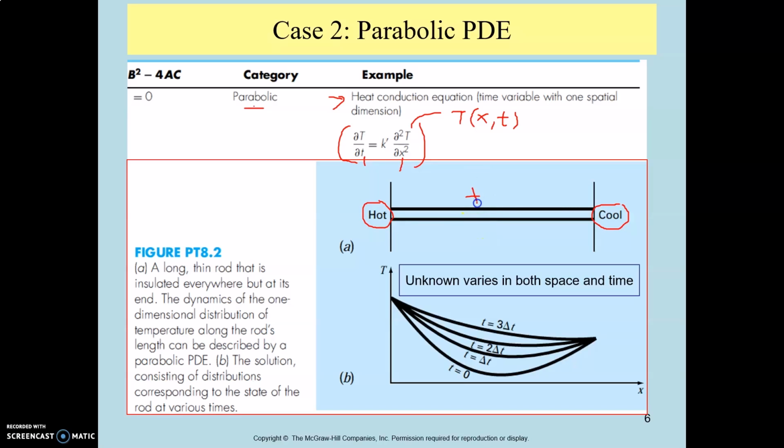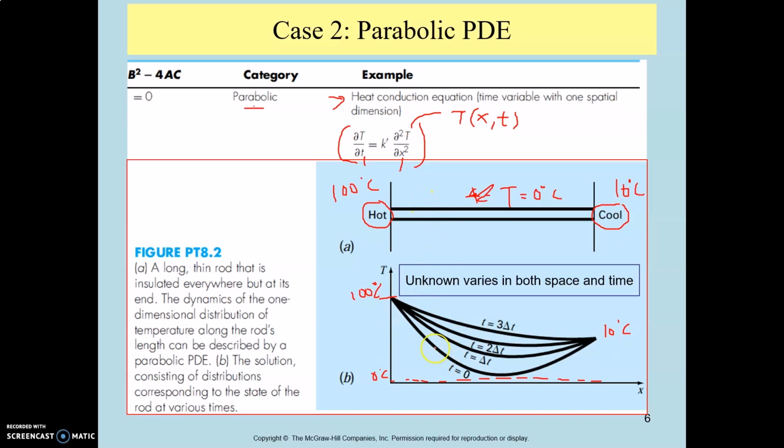Imagine that initially the temperature T is equal to, let's say, 0 degrees Celsius. So the temperature here is 0 degrees Celsius, and you heat the end here to be 100, and at the other end to be 10 degrees Celsius, cold, for example.